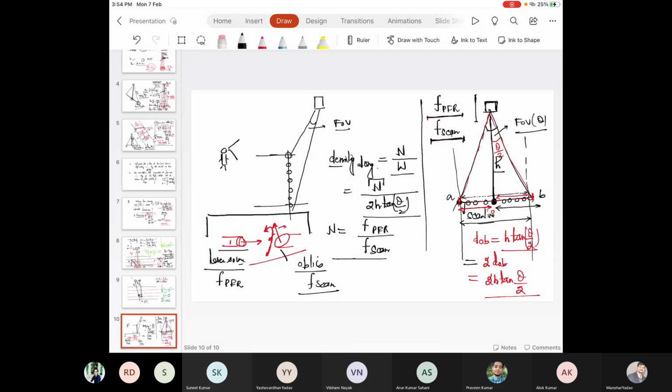What does this formula give you? PFR, the number of points per second, divided by the number of scan lines per second, is equal to the number of points per scan line.